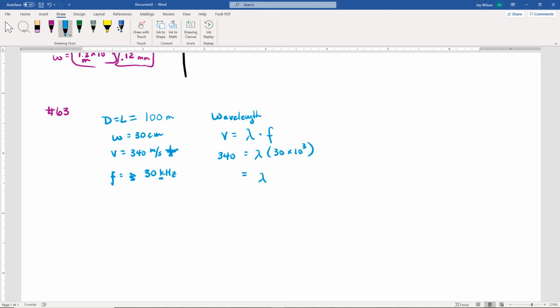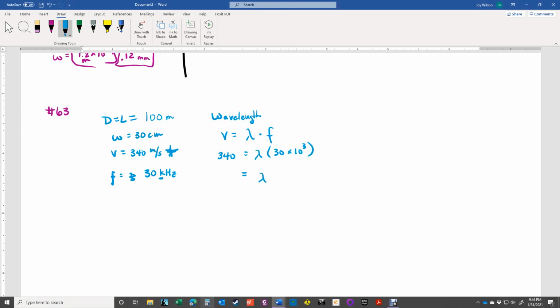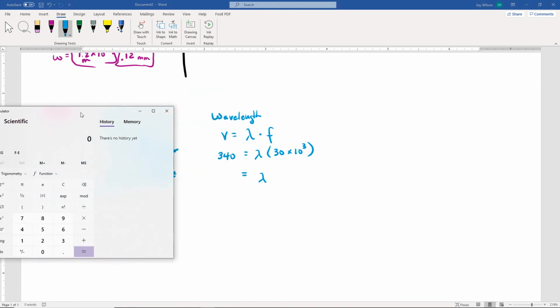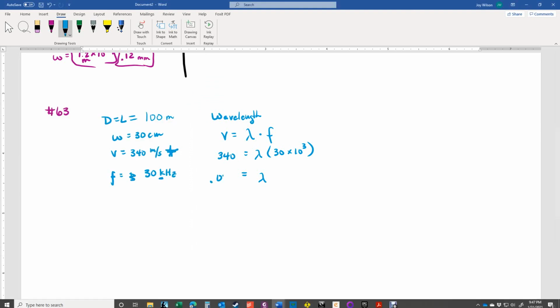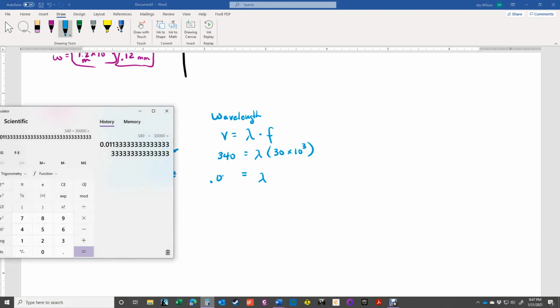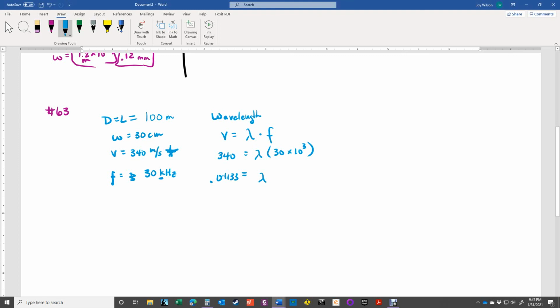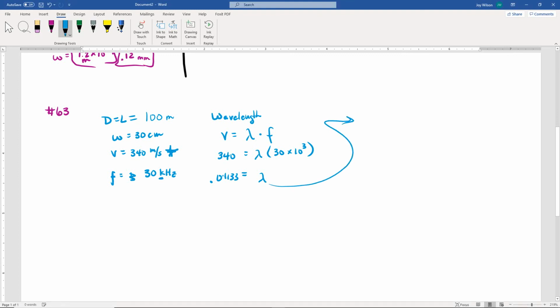So the wavelength is 340 divided by 30,000, and we get 0.01133. Okay. So now we're ready to work our problem.